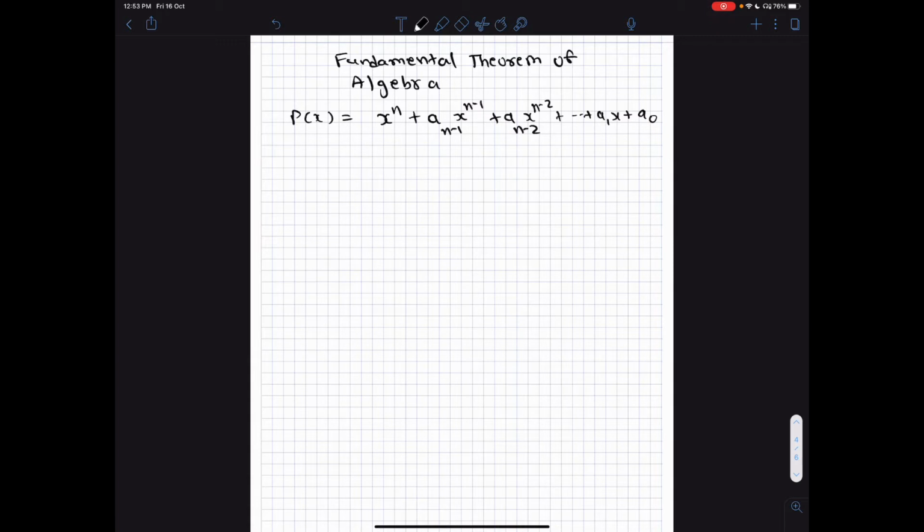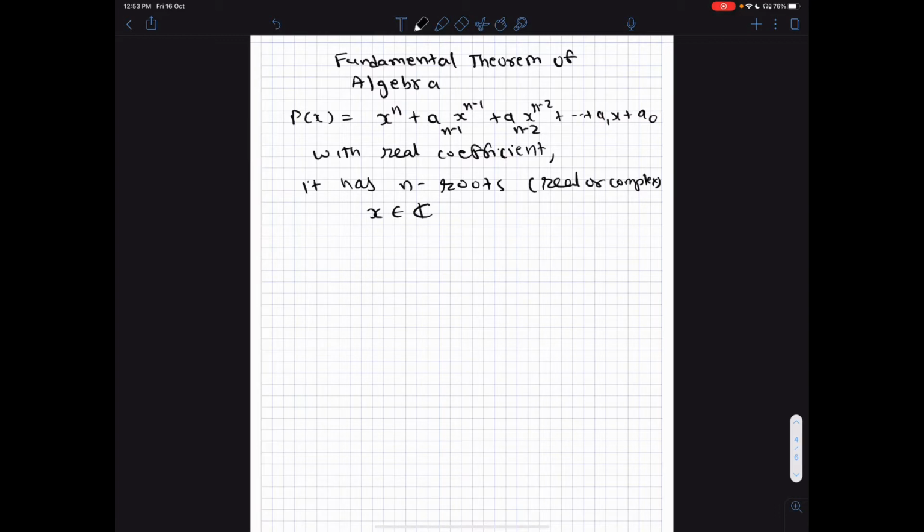So this is a monic nth degree polynomial with real coefficients. Then it has n roots, which could be real or complex. I am permitting x to be real or complex, which means x is essentially complex.